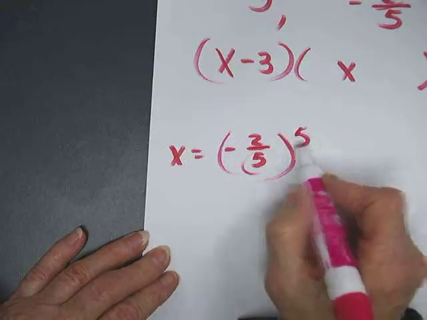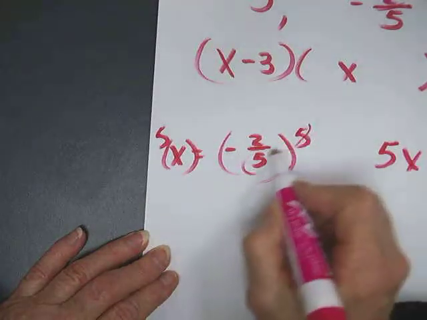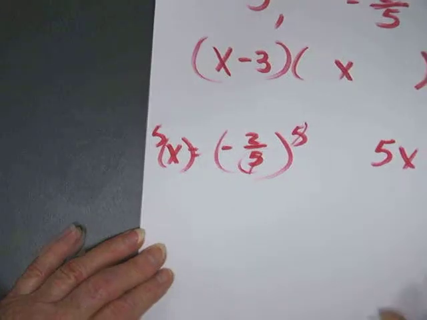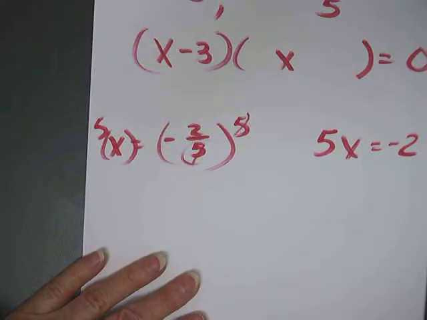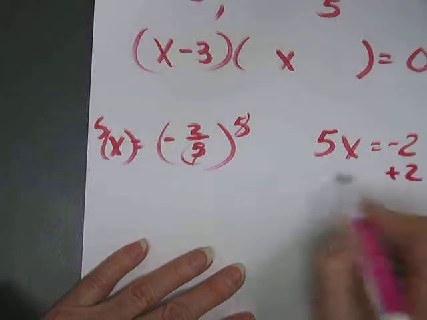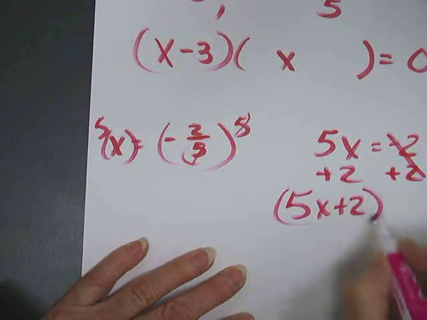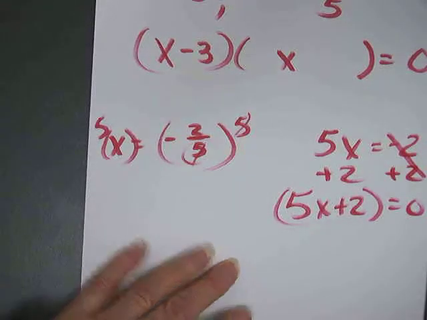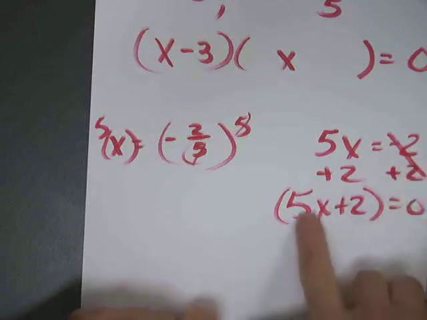Let's do it backwards from when we had this equals 0, remember how you did the plus or minus first? And then you divided? Let's do the opposite of the dividing first. Multiply by 5 on both sides. That gives you 5x equals -2. We want it to equal 0.